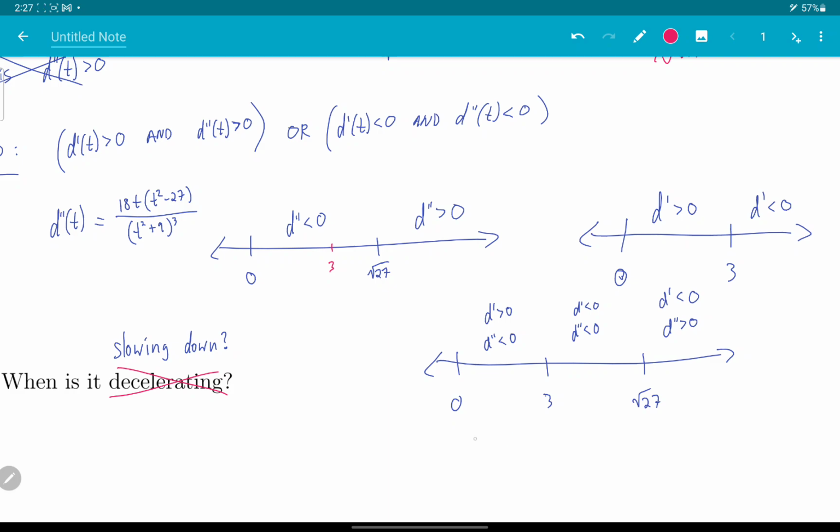So, altogether we say, therefore, speeding up on this interval: 0 less than t less than 3, nope, 3 less than t less than root 27.